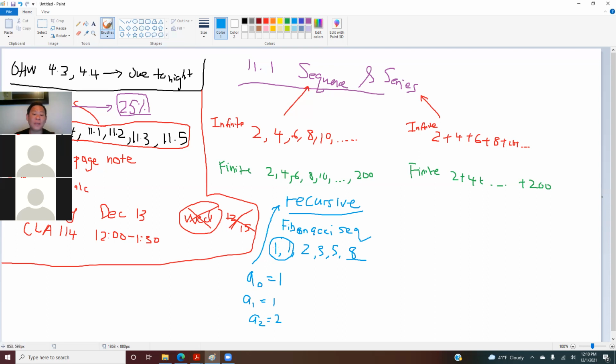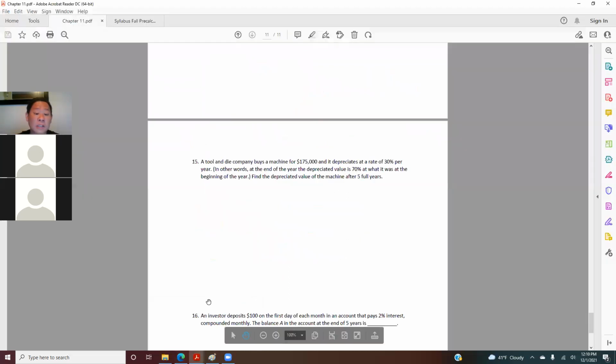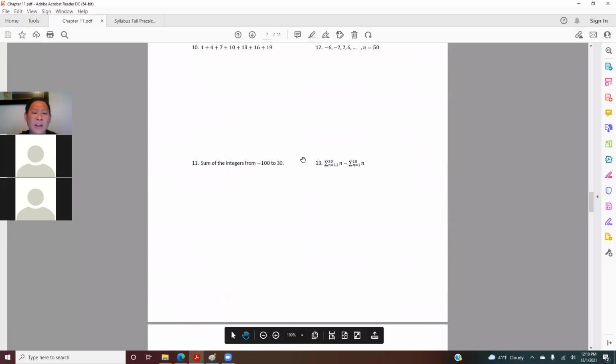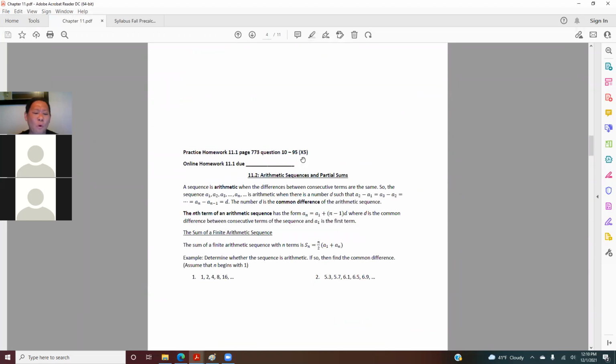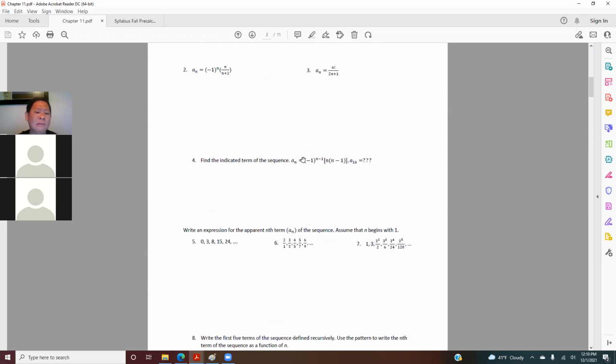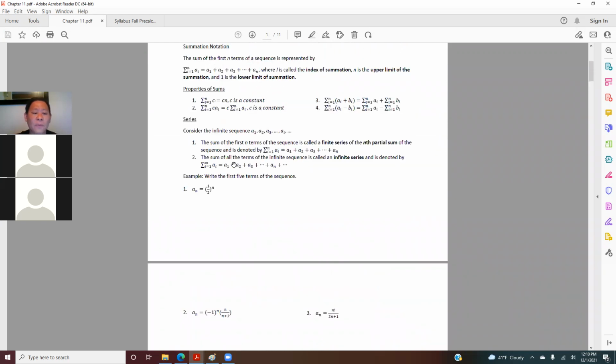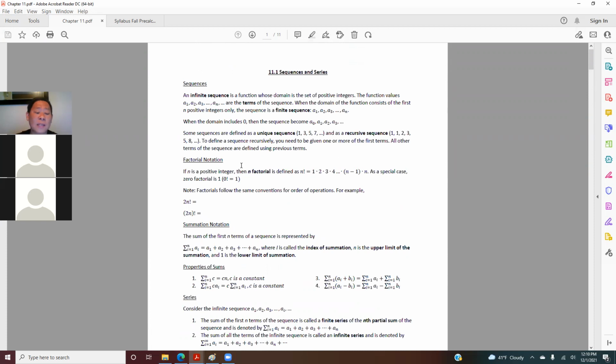So A0 means your first term, or sometimes they use A1. Let me see what your book uses in this case. Do they use A0? They use A1. Yeah, I think they're going to use A1 here. Yep, we use A1. Sorry, so we do not use A0. My bad.